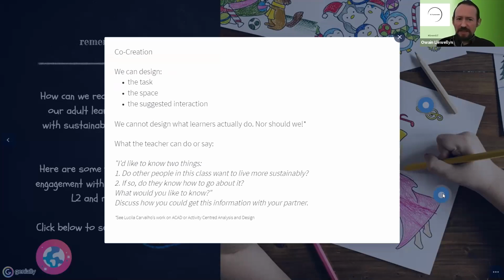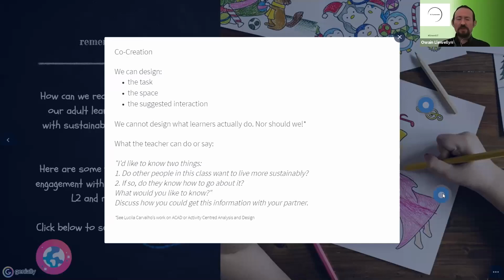We can design the space of our classroom, the tables, or Melitza can go off and check that it's a safe outdoor environment. I can't, because I can't go outdoors. And we can have a suggested interaction, but what we can't actually do is design what the learners actually do.